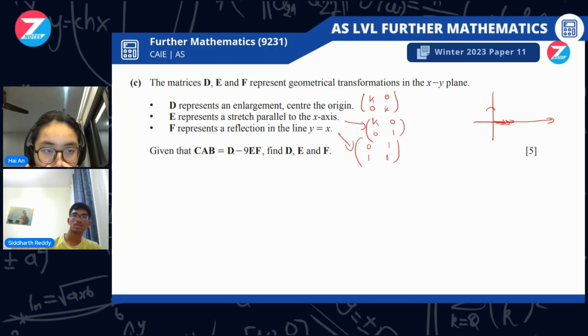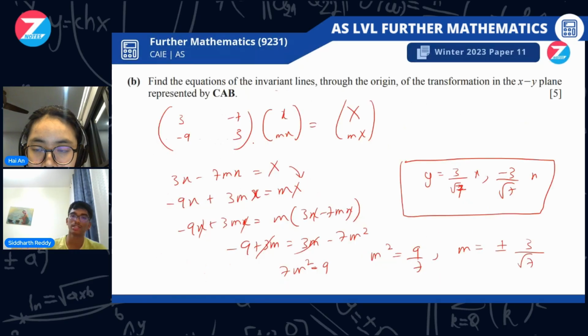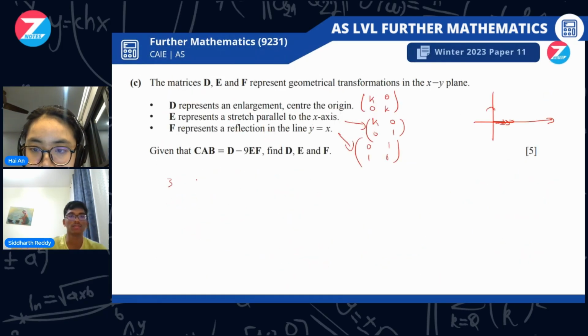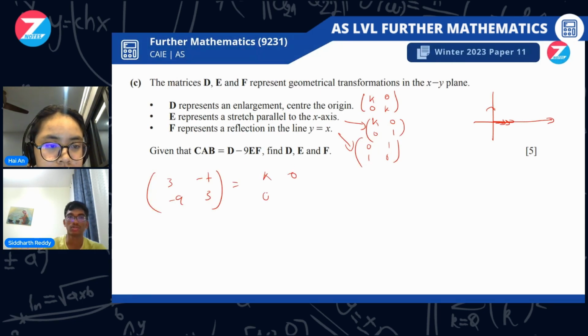So CAB is equal to D minus 9EF. So CAB we already got as 3, minus 7, minus 9, 3. So this is equal to D. D is k, 0, 0, k, minus, just give me a second.